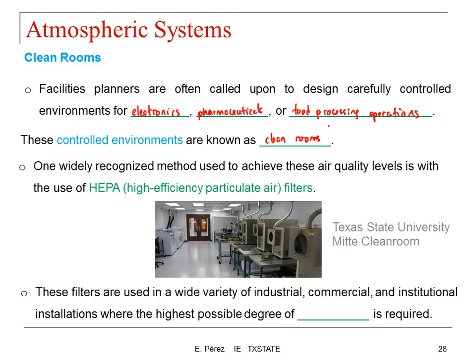One widely recognized method used to achieve these air quality levels is the use of HEPA, high efficiency particulate air filters. And here I have a picture of the clean room that we have in this building. These filters are used in a wide variety of industrial, commercial, and institutional installations where the highest possible degree of air cleaning is required.